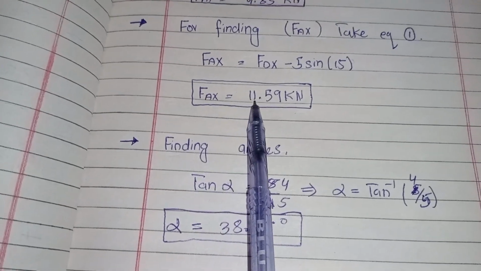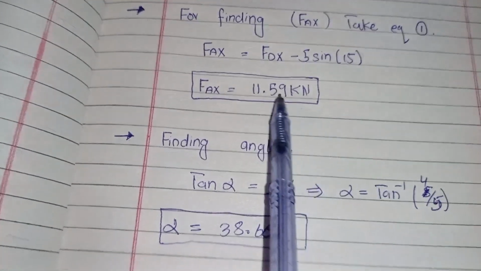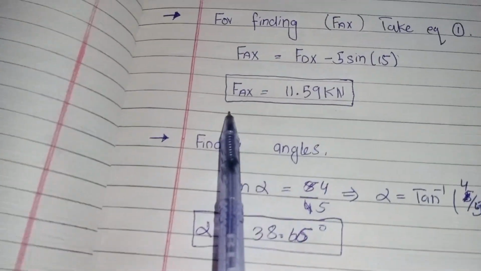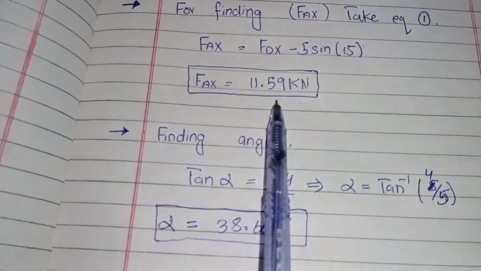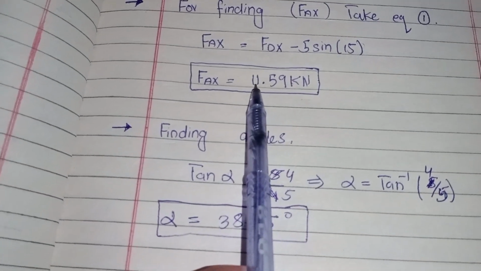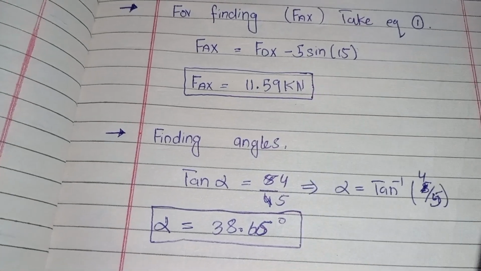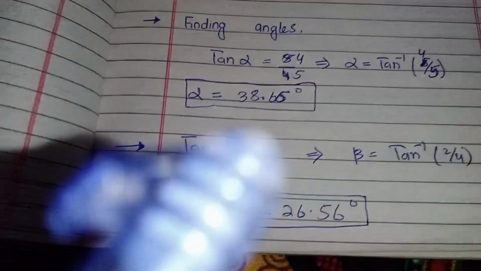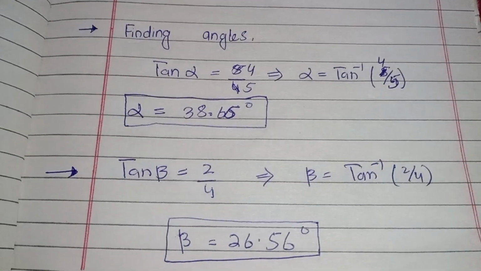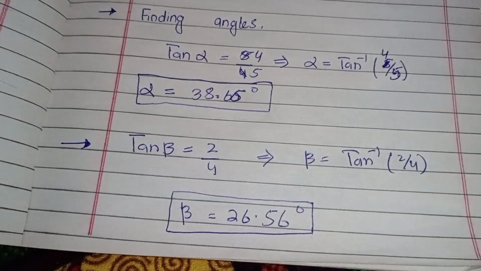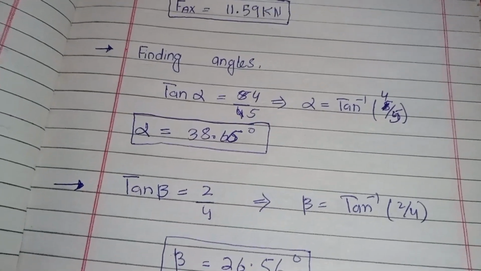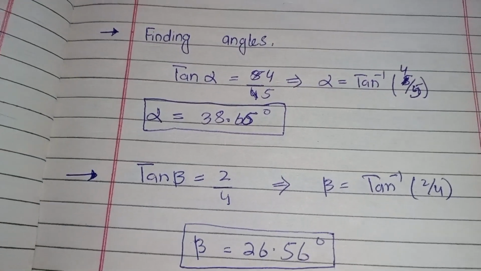So f(ax) equal to 11.59 kilonewton. f(ax) is the reaction force which has a magnitude of 11.59 kilonewton.